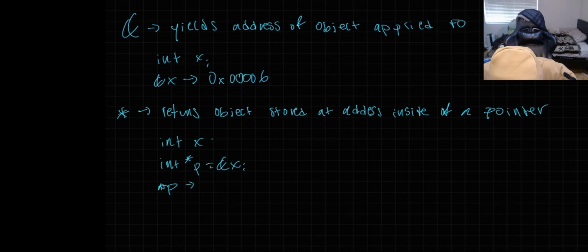Let's initialize it to 67. Dereferencing p would give us the value stored inside of x. So dereferencing p would give us 67.